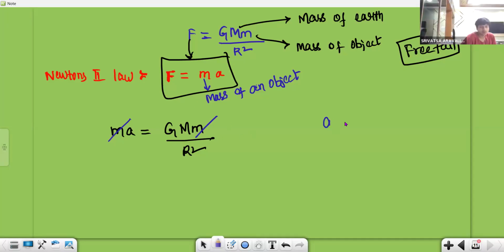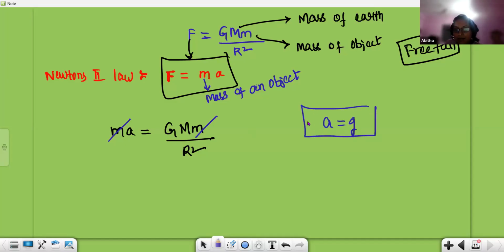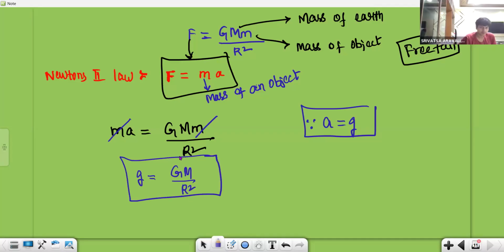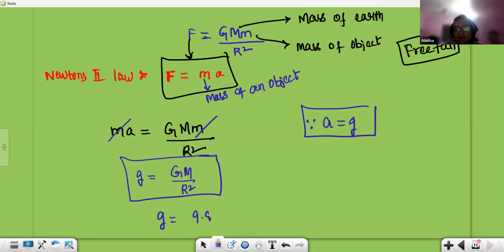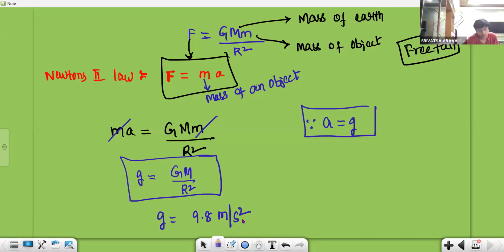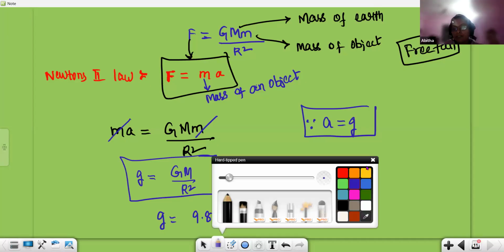And a is acceleration. As gravitational force is involved, we are writing g in place of a. That's the definition, right? The acceleration which is involved due to gravitational force is called acceleration due to gravity. So I'm replacing a with g. So g will be G capital M by R squared. This is the formula of acceleration due to gravity, whose value is 9.8 meter per second square.